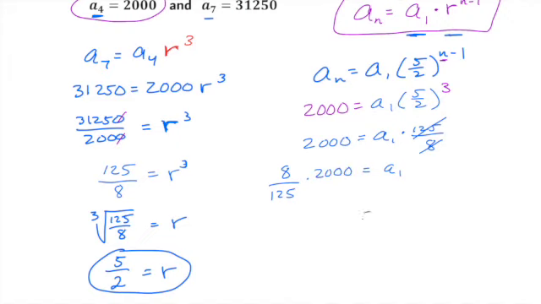And again, if you're trying to work without a calculator, you might divide 25 out a few times, or divide 5 out. But if you're using your calculator, let's see, 125 goes into there. 16. So we should get 8 times 16, which is 128.